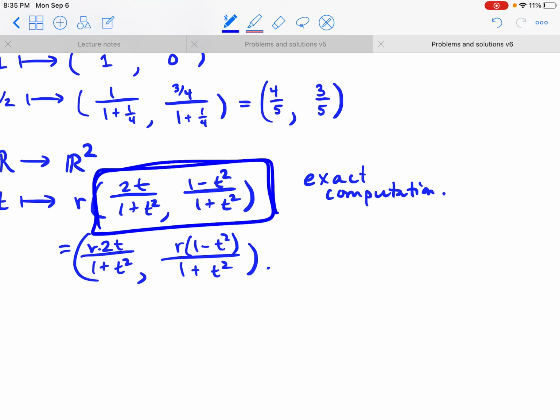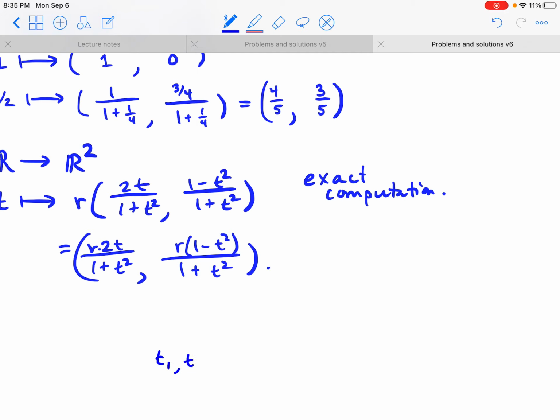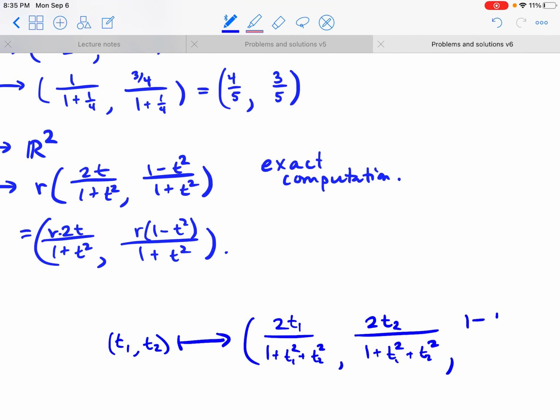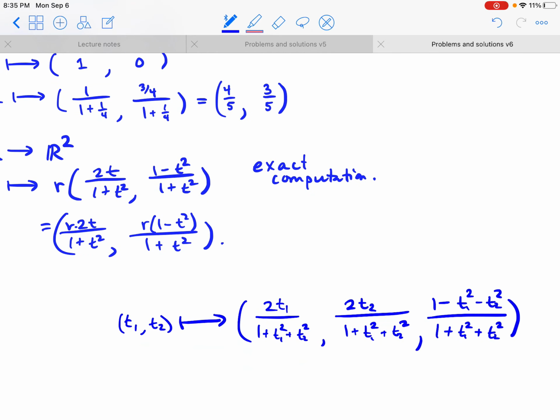So remember, our previous map was like this. This was the rational parametrization of a circle. And so let's take T1, T2, and let's map it to 2T1 over 1 plus T1 squared plus T2 squared, comma, 2T2 over 1 plus T1 squared plus T2 squared, comma, 1 minus T1 squared minus T2 squared over 1 plus T1 squared plus T2 squared.